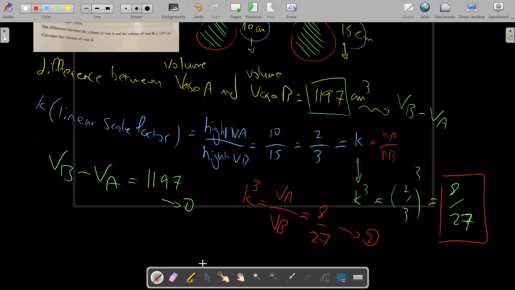I need to build a relation, and I need to use expressions where the volume of A is the subject. So I'm going to say here that this equation can become volume of A is equal to 1197 minus VB, right?